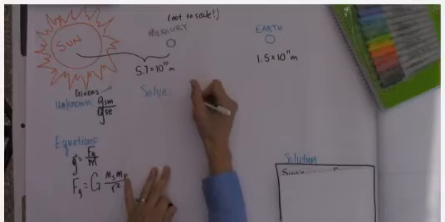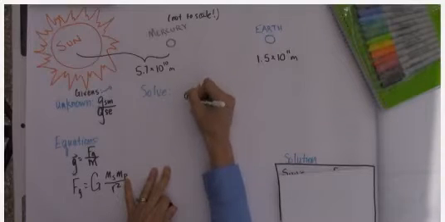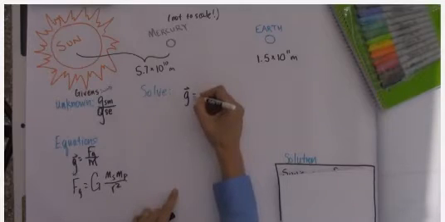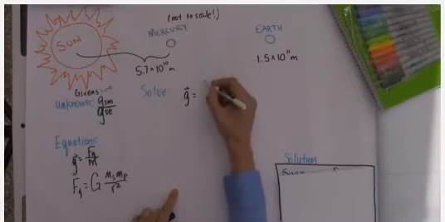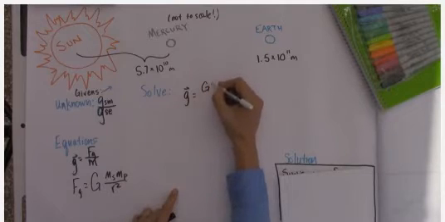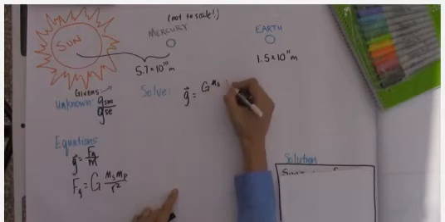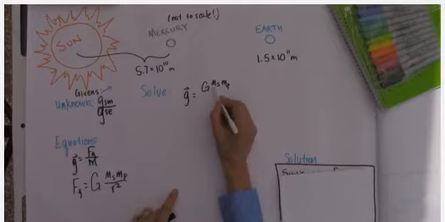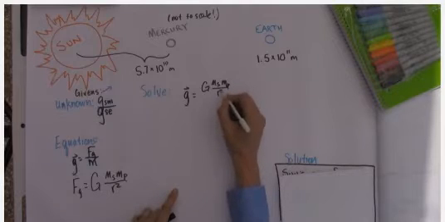So if we're going to try to figure out what the difference is, we're going to look at what the gravitational field actually is. So we take this formula and we plug in the force of gravity. We say G, M_s, m, so that's the mass of the Sun and that's the mass of the planet, over r squared.